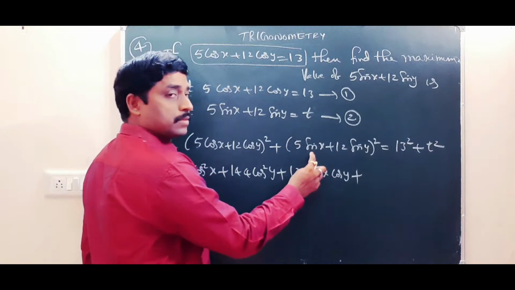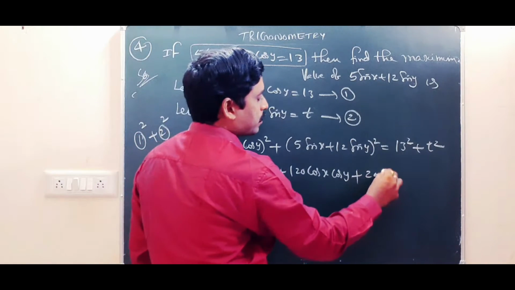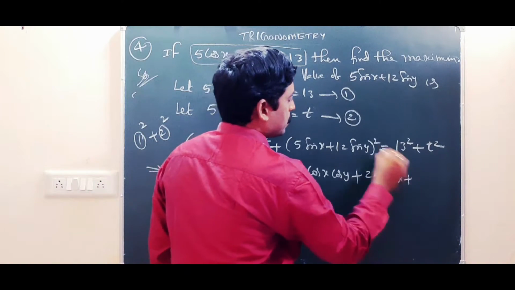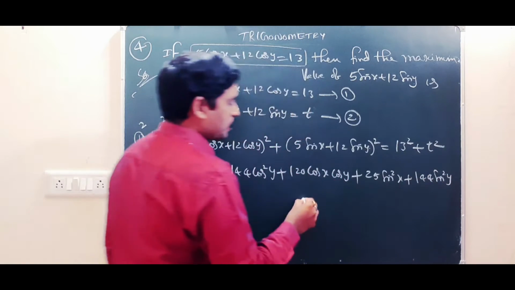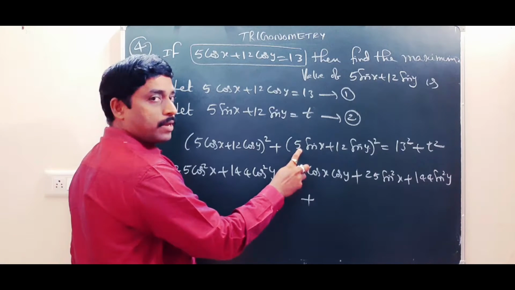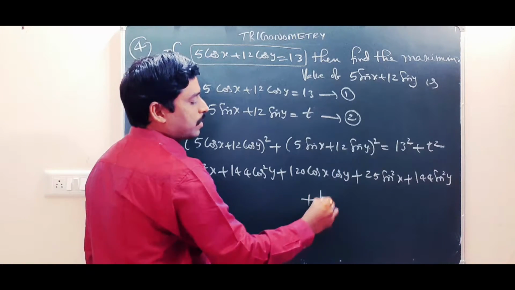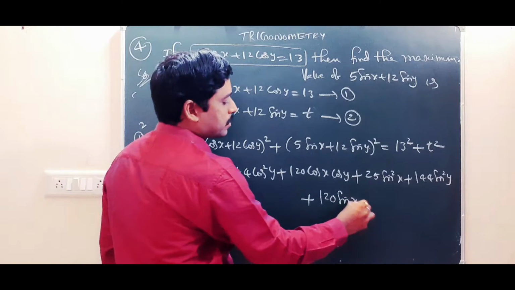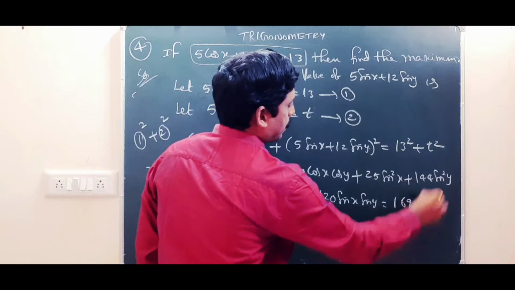This is also in the form of (a plus b) whole square, a square 25 sin square x plus b square 144 sin square y plus 2ab, 2 into a value 5 sin x, b value 12 sin y. So 2ab is 120 sin x sin y, equal to 169 plus t square.